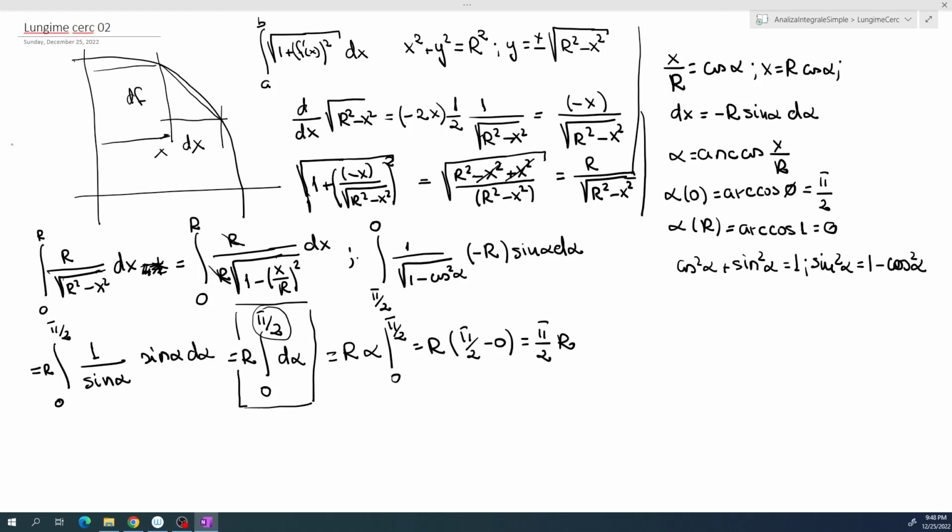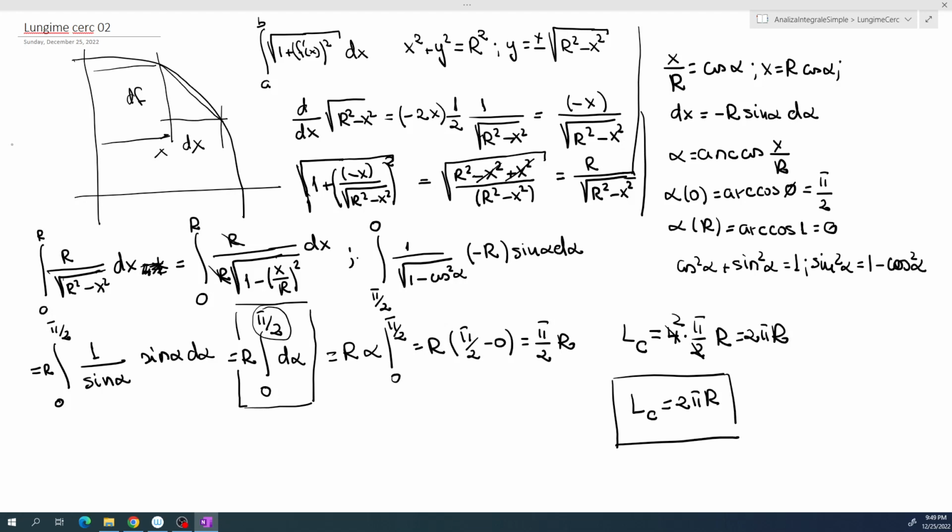Because I calculated only a quarter of the circle, the final result is 4 multiplied by pi over 2 multiplied by r. This is 2πr. So in the end, L of C is equal with 2πr.